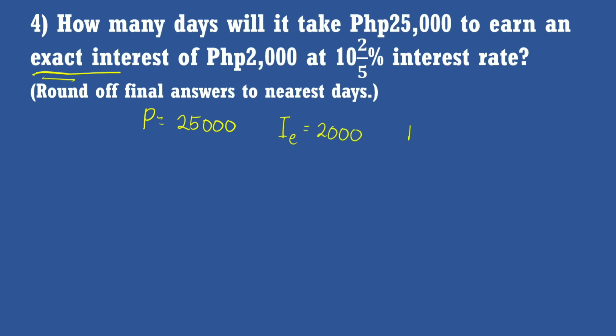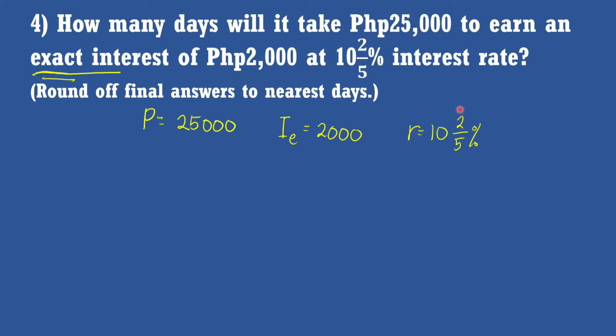Okay? And the rate of interest given is 10 and 2/5%. Again, that's just like what we did on one of the previous examples here. Divide 2 by 5, you'll get the decimal equivalent of that.